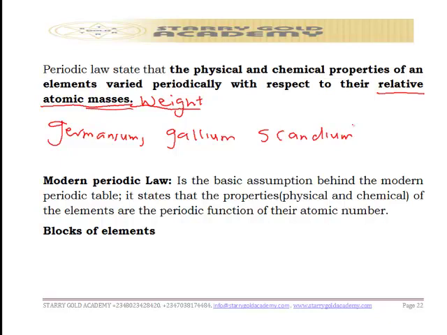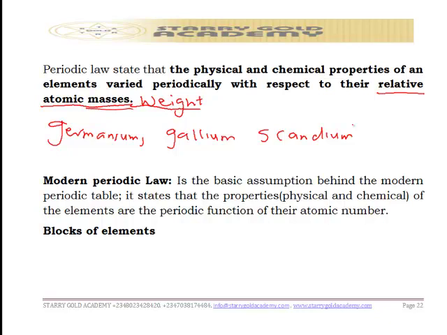These are elements that were found missing in Mendeleev's periodic table. But this problem led him to work on the periodic table, and later on he made a modification of the periodic law. So that is what we have as the modern periodic law.